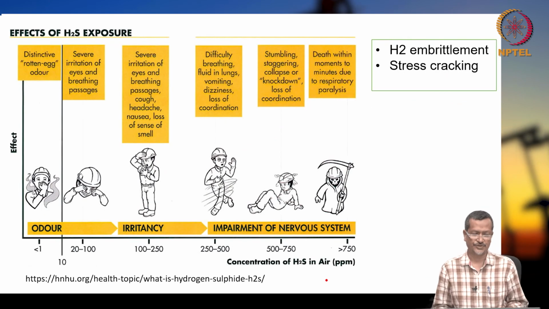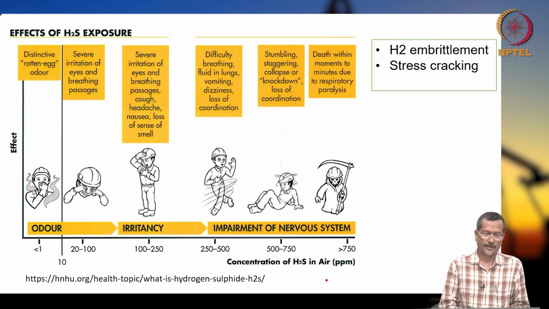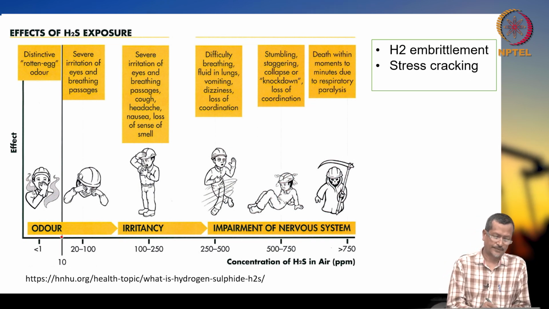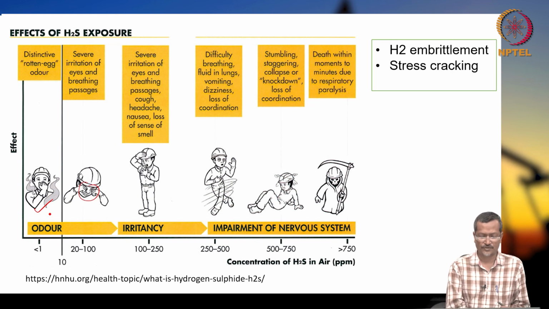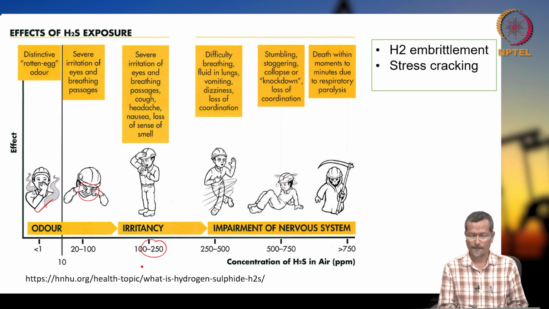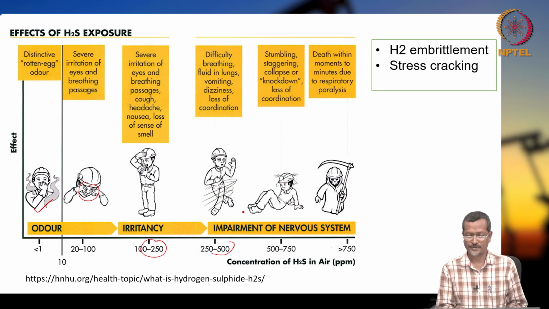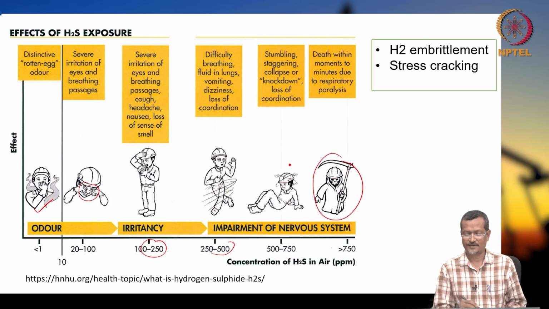You see this picture I have taken from one website, hnhu.org. If a very small amount is there, you can get odor, but around 100 to 200, eye itching and irritation will come. At 250 to 500 you can see people are going to die, and more than 750, dead.